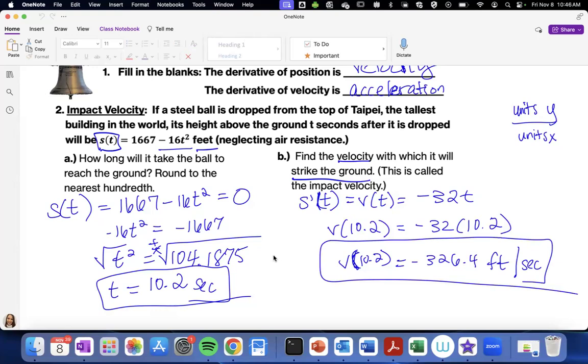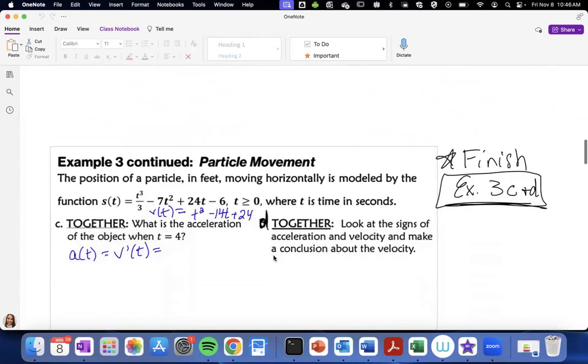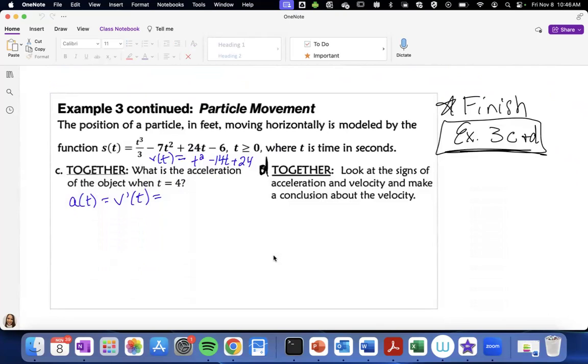All right, so as a recap, we left off with example 3. So let's go ahead and continue that. Okay, let's reorient to this. S of t is the function. We are asked to find the acceleration of the object.